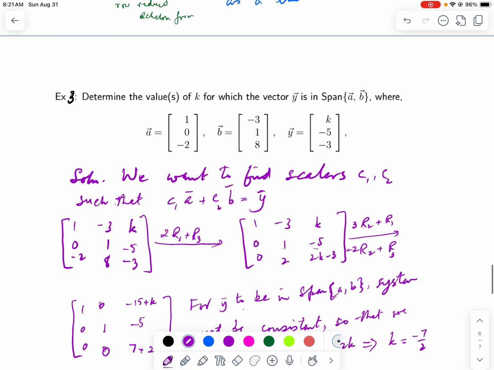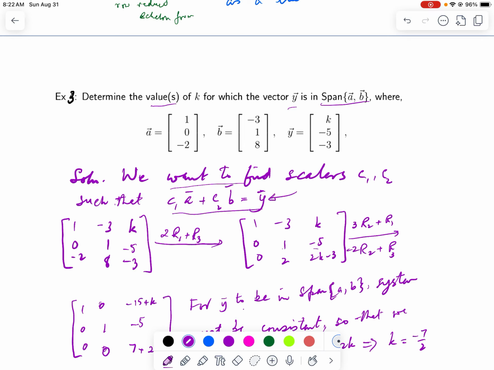Last example, determine the values of K for which the vector Y is in span of A, B. So again, remember, to determine whether the vector Y is in span of A, B, it means we want to find scalars such that this is true.